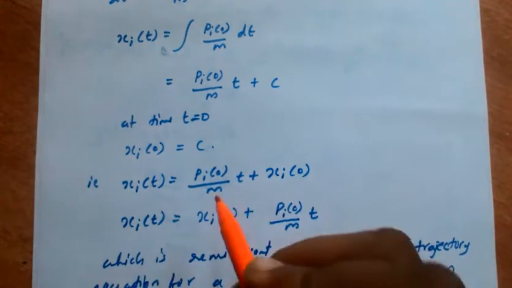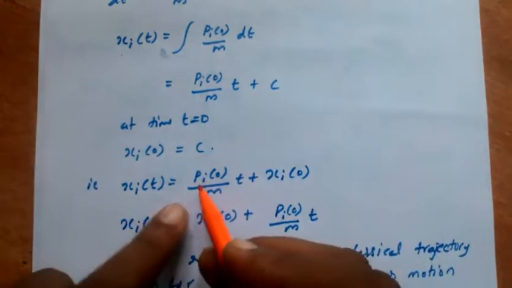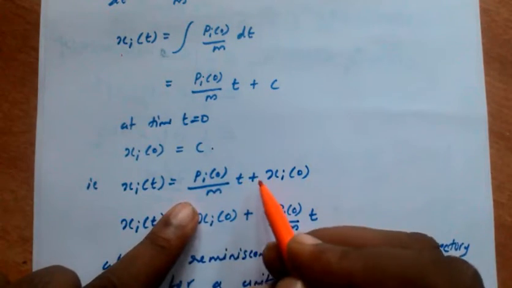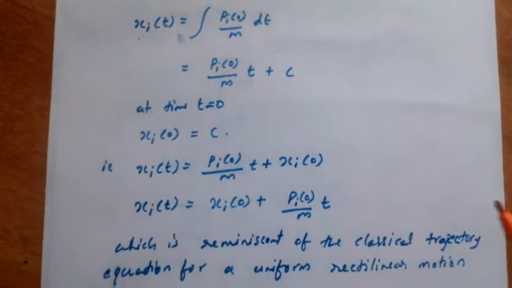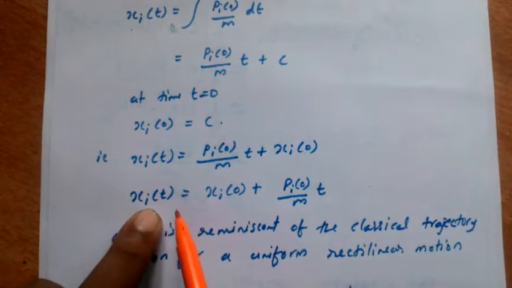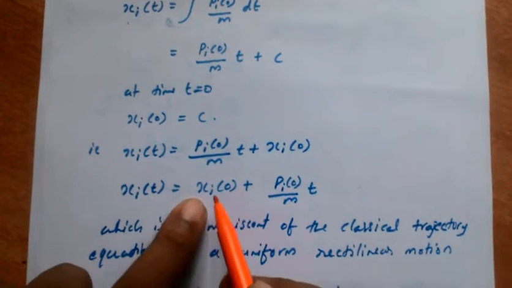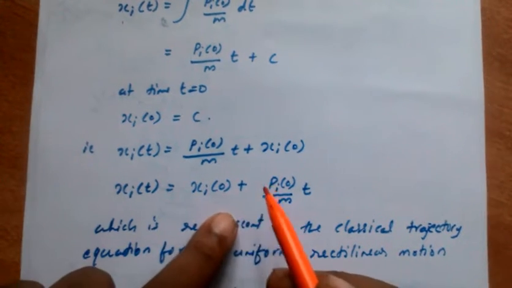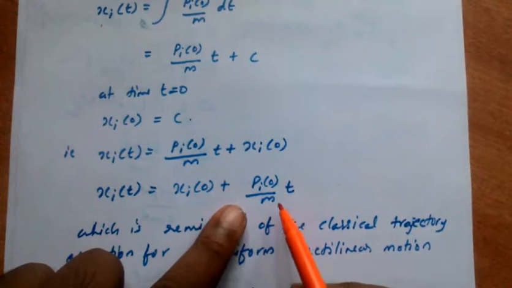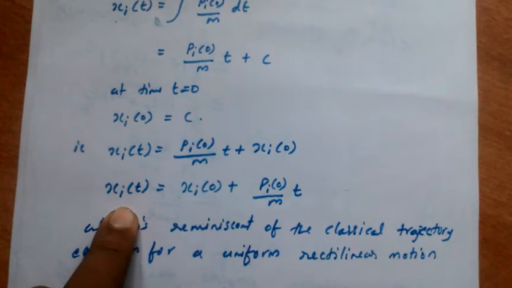So we can rewrite this equation as xi of t equals pi of 0 over m t plus xi of 0. That means the position operator at time t equals the position operator at time 0 plus the momentum operator over m into t. What does this equation resemble?